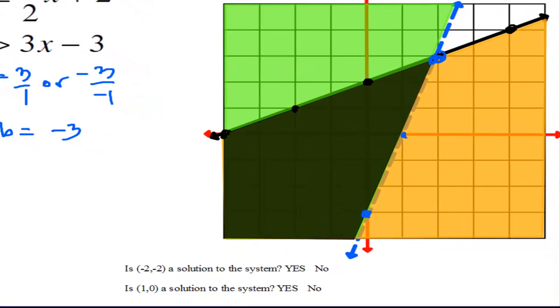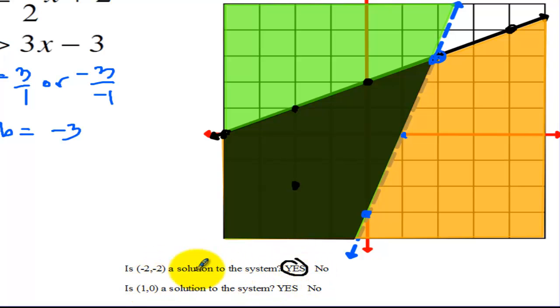Now let's try to answer the following questions. Is the point (-2, -2), which is located here, a solution to the system? Since this point is in the intersection of the two areas, we are going to say that (-2, -2) is a solution.